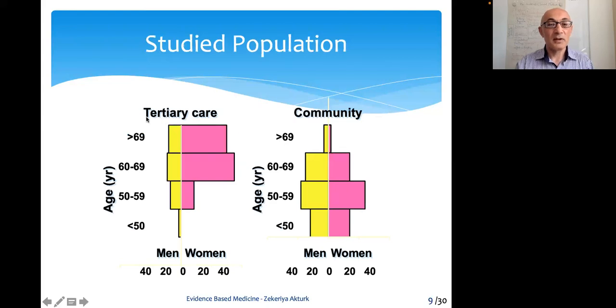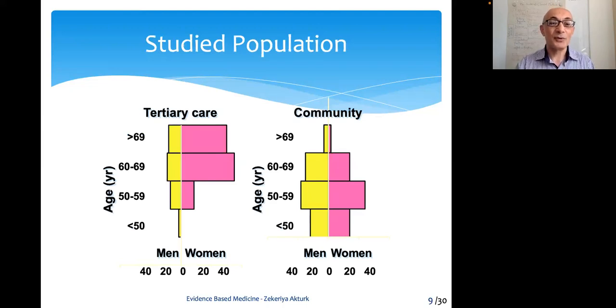For example, in a tertiary care and community, you have in the community, of course, fairly similar proportions of men and women. But we know that women have more symptoms and consume more health services.